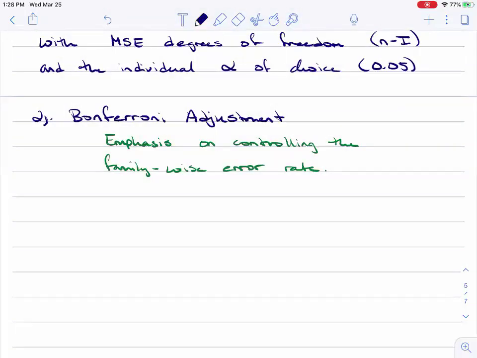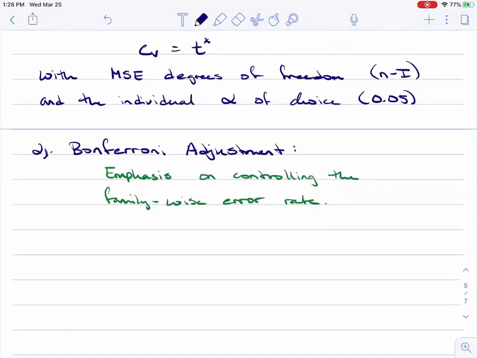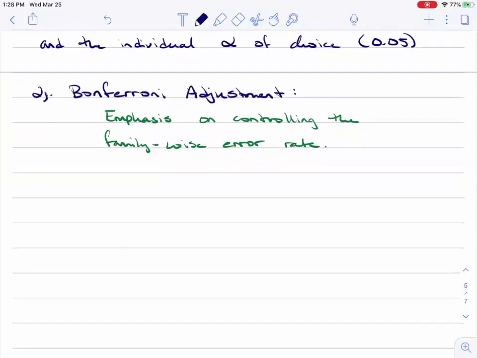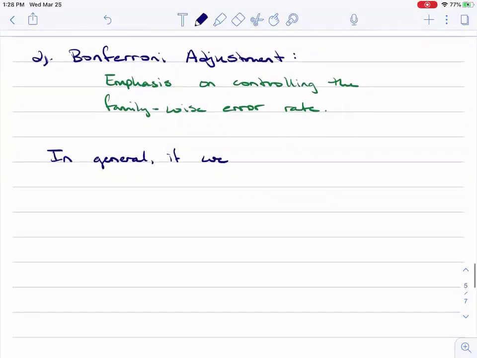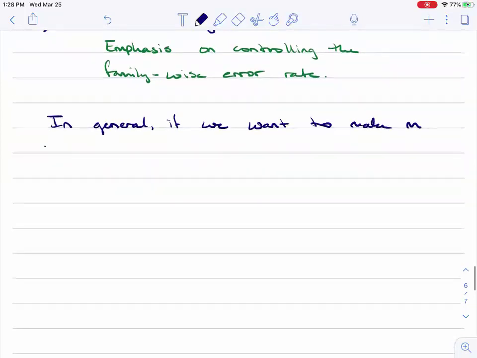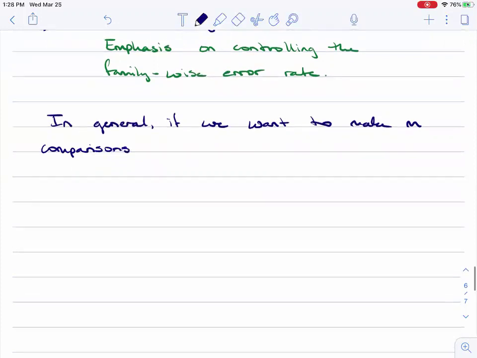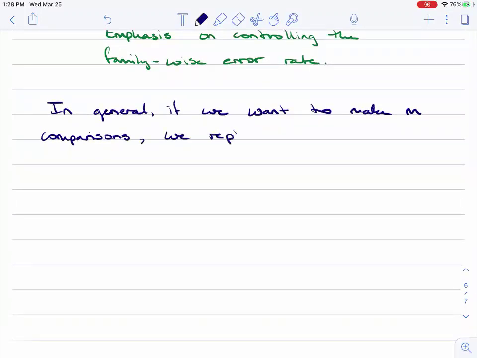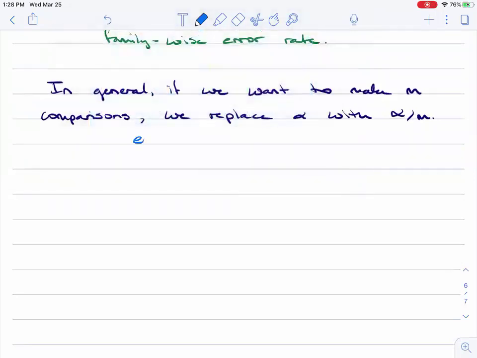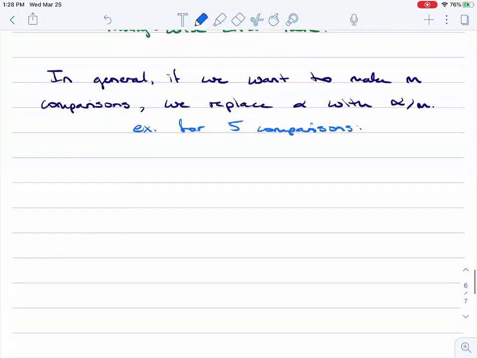And like I said, the Bonferroni adjustment, in general, if we want to make M comparisons, we replace alpha with alpha over M. And so just as an example, for 5 comparisons, we would use alpha over 5, which is 0.05 over 5.